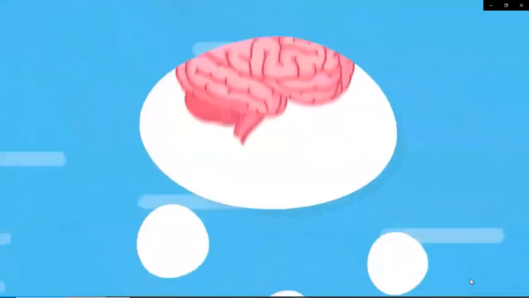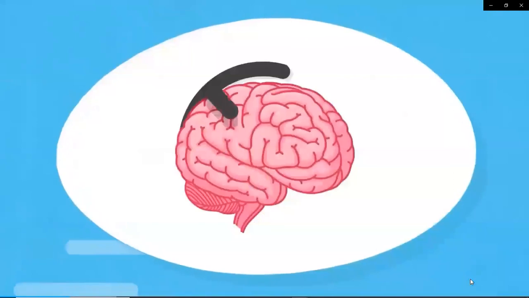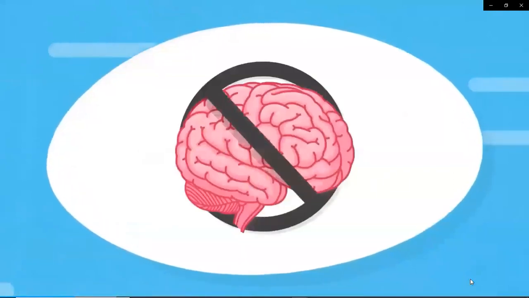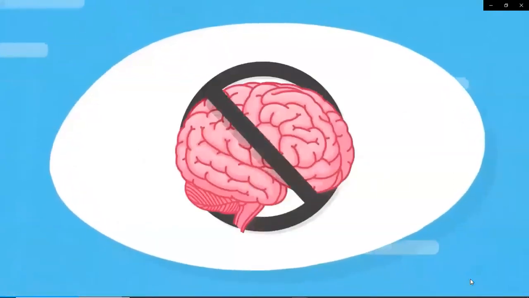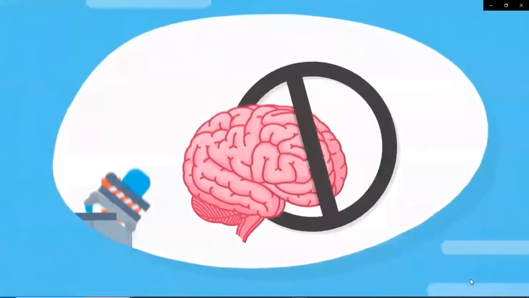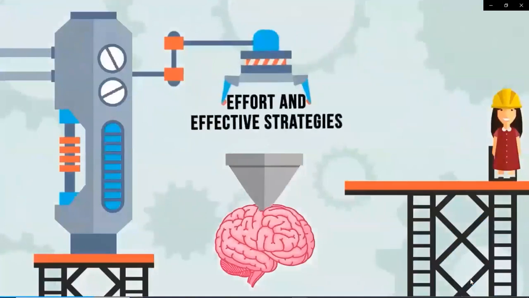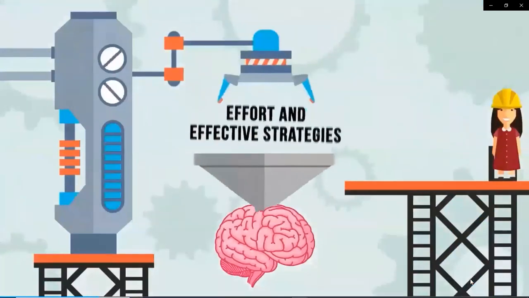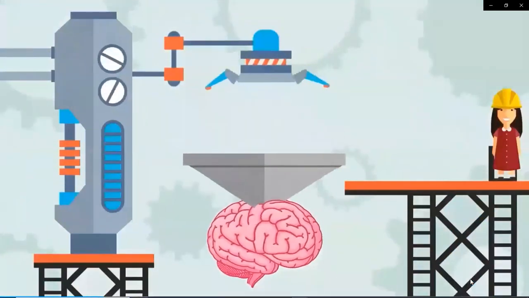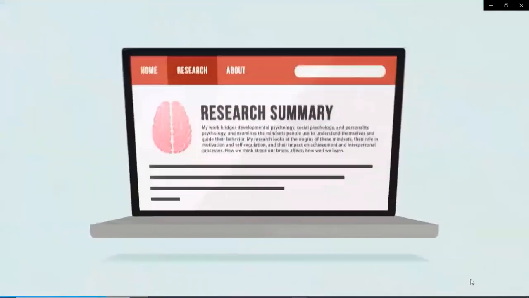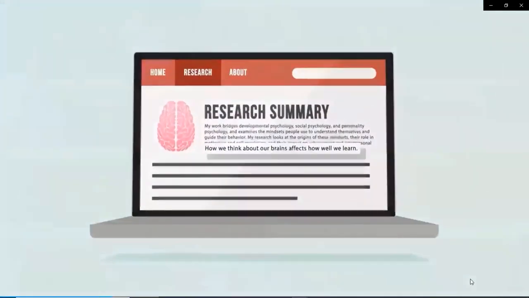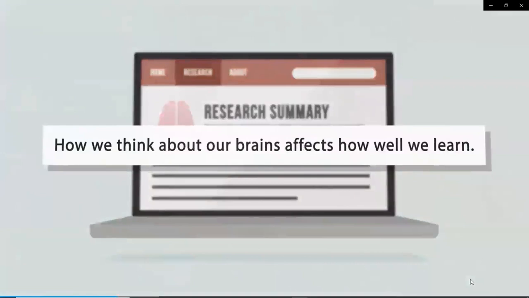This can lead them to feeling that they just aren't smart enough to succeed, especially when courses get more challenging. But what if you knew that no matter who you are, through effort and effective strategies, you can develop your level of intelligence?